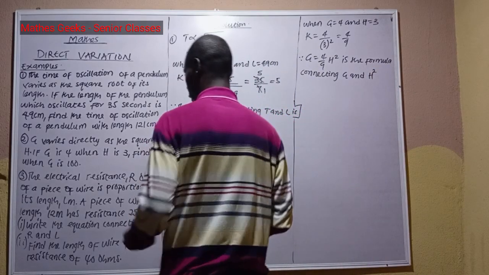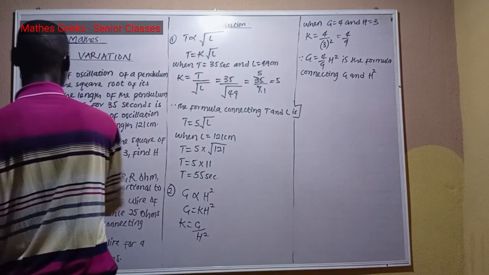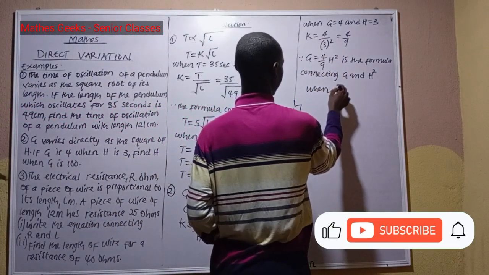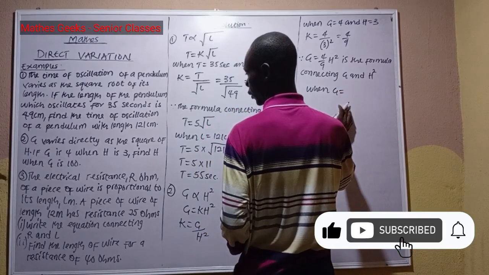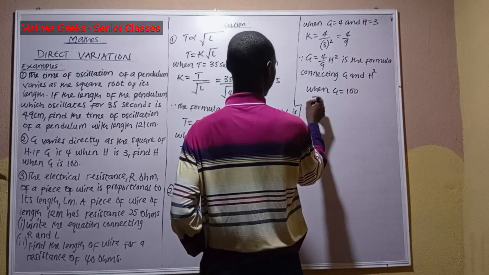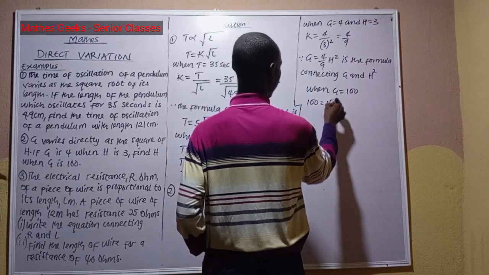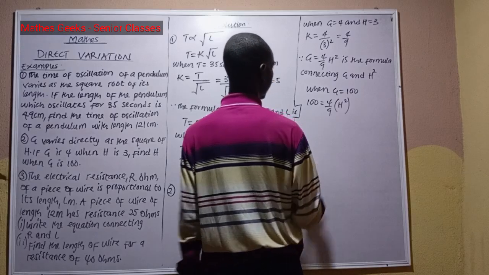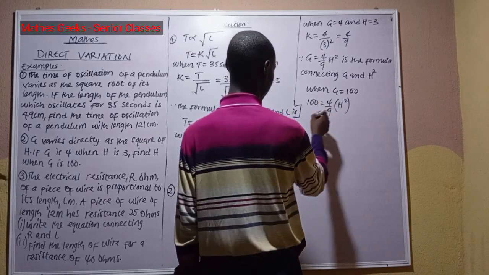Next, come back to here. So find h when G is 100. This is the same formula. When G is 100, 100 equals 4 over 9 h squared. So multiply both sides by 9.